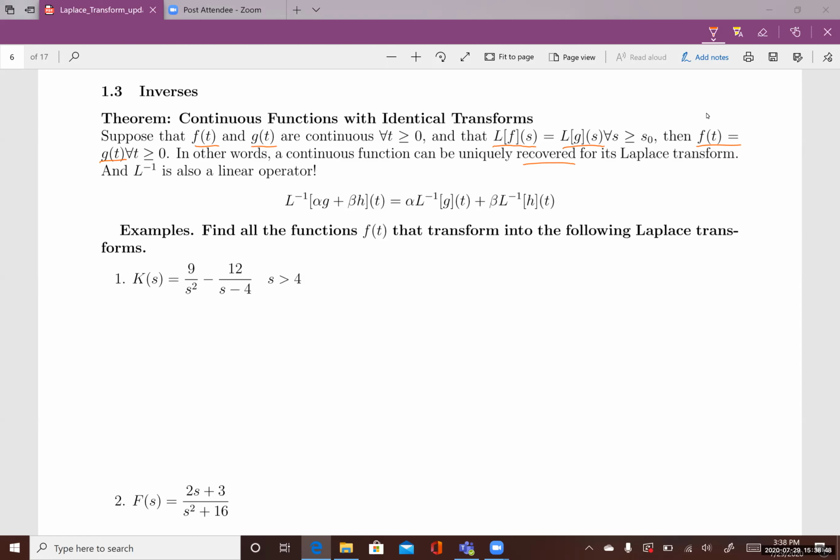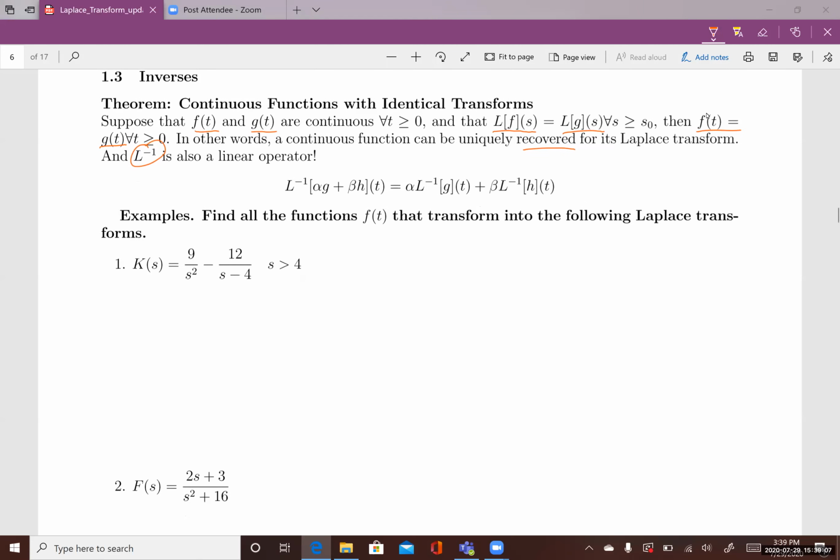The inverse Laplace transform is also a linear operator, which means the inverse of alpha g plus beta h equals alpha times the L inverse of g plus beta times the L inverse of h of t.